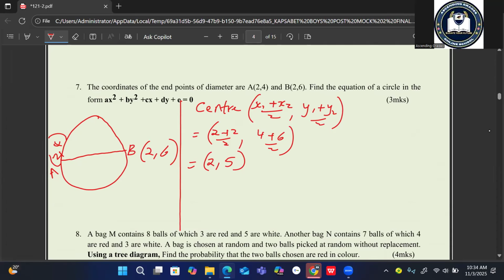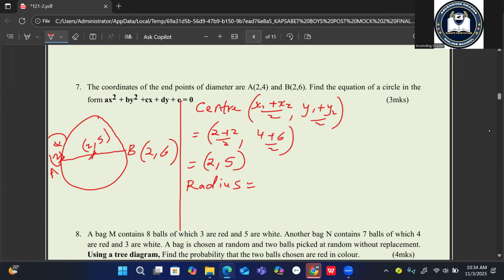Since we already have the center, we can now find the radius. The radius should be the distance from the center (2, 5) to one of the points. We may decide to take one of the points, so let's take point B, from the center up to here.